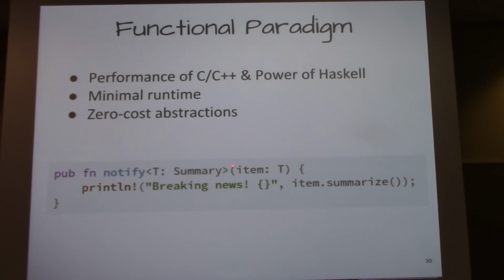But it also has a condition on that parameter, which says that this generic parameter can only be of type Summary. So you're essentially limiting the kind of objects or kind of types that can be instantiated for this function. Right? And this is kind of similar to Java interfaces, but it's a lot more powerful.